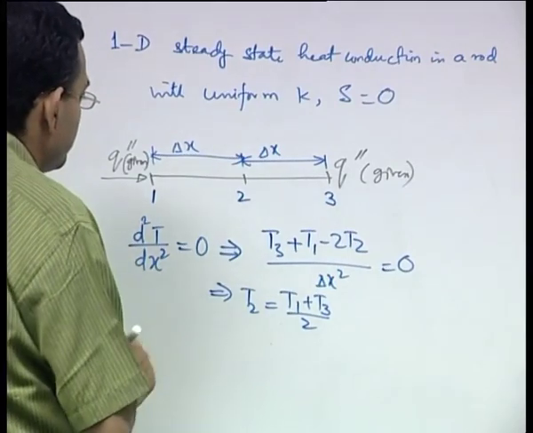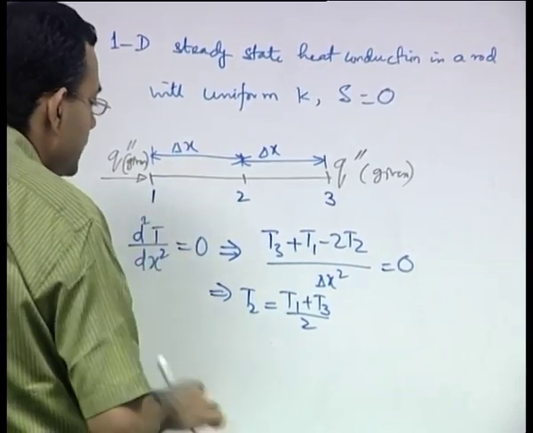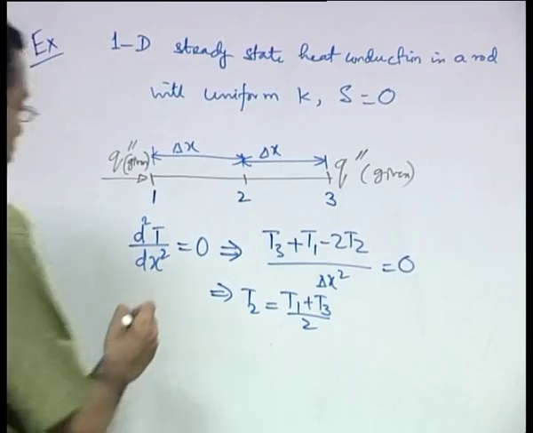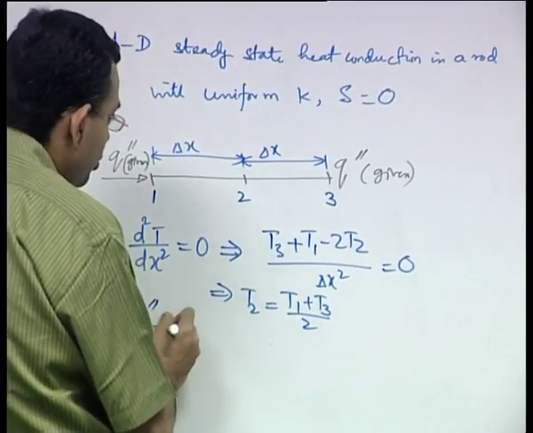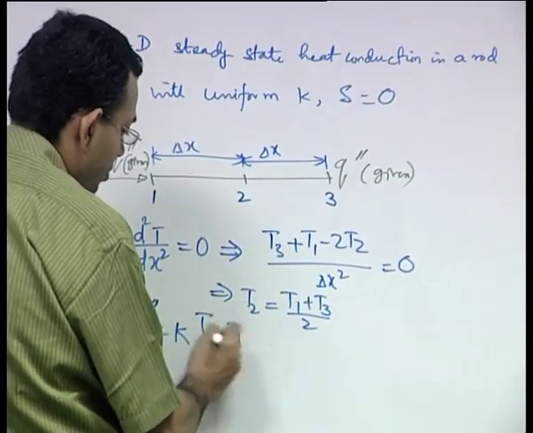Then for the grid point 1, q is equal to k into (T2 minus T1) by delta x.